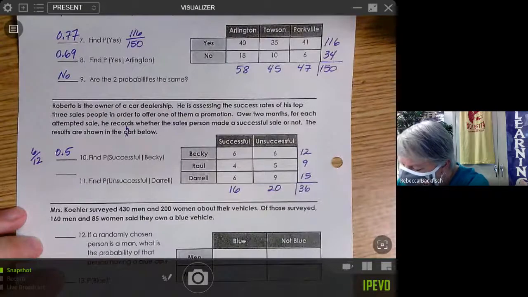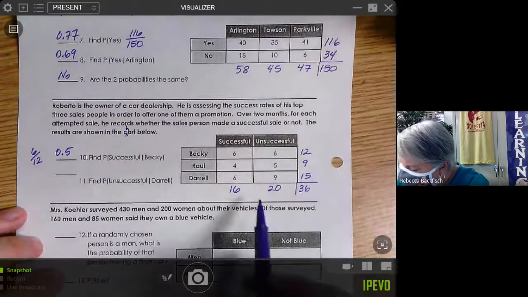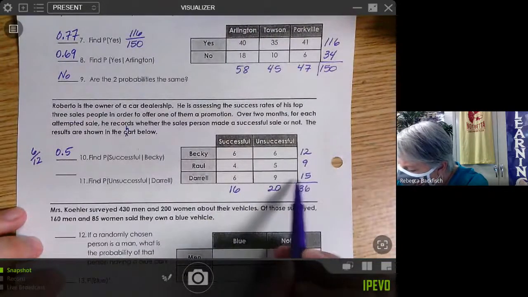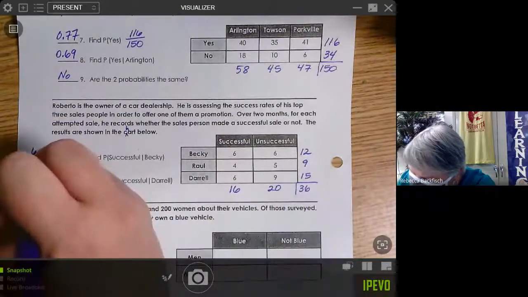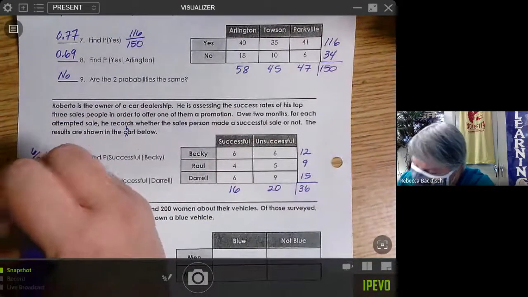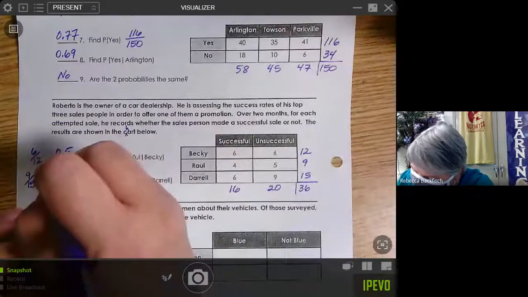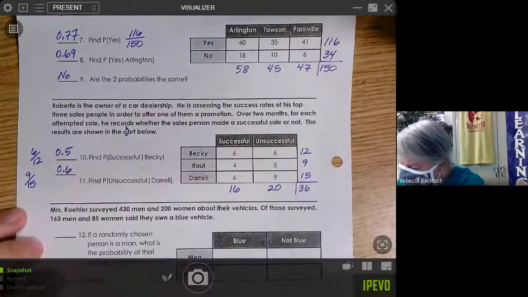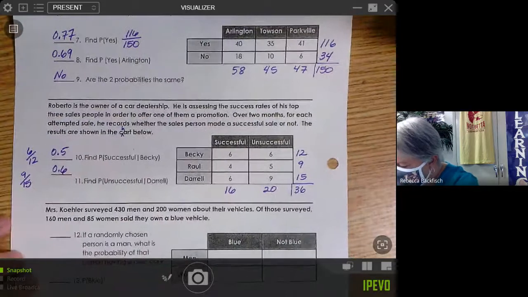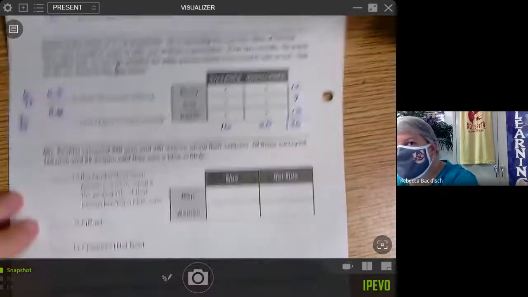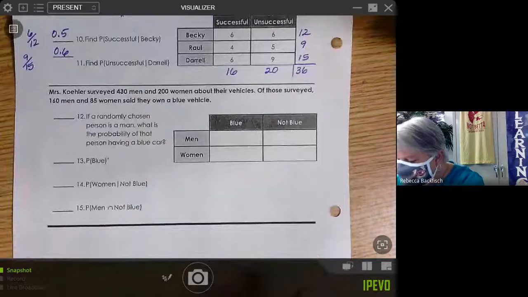Find the probability of being unsuccessful given that you're Daryl. Daryl has had 15 attempts. 9 of them have been unsuccessful. So that is 0.6. Okay. We'll come back to that one in just a second.